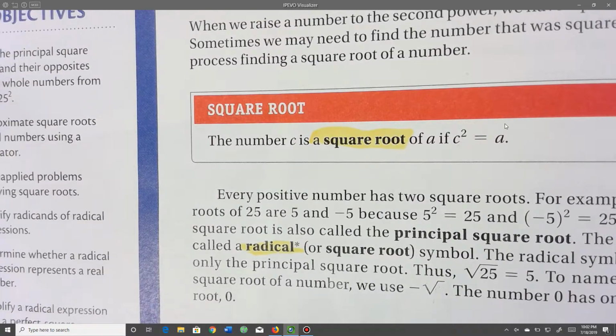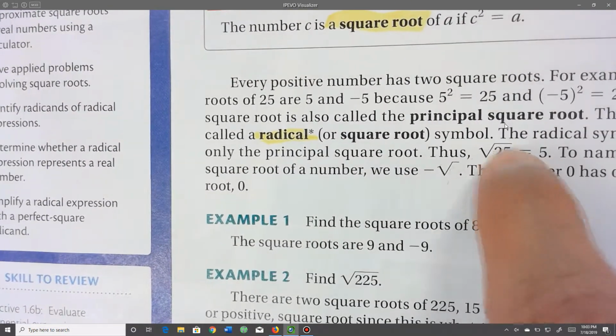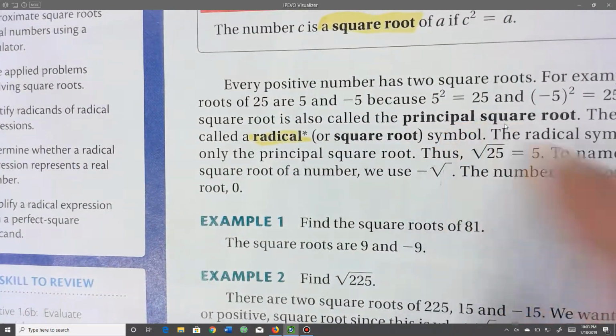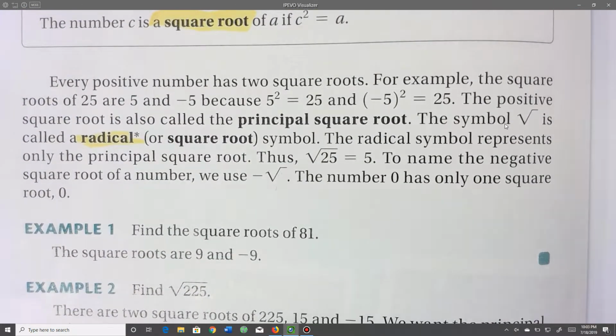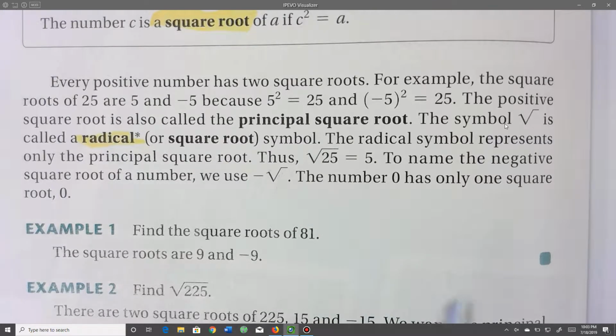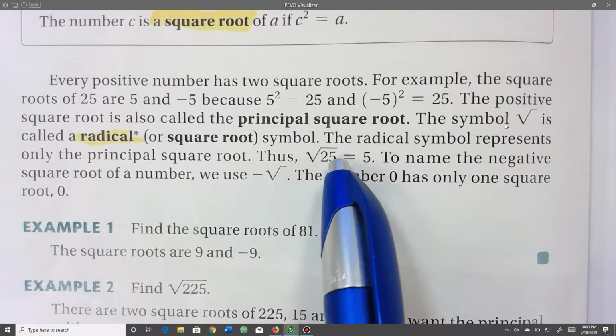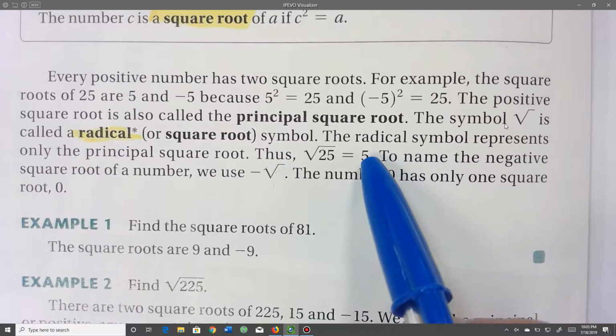Let's see what else. In this case, and you don't have to know this word, whenever they're talking about the principal root, they're talking about the square root. Like in high school, when they ask for the square root of 25, we always gave the teacher a positive answer.